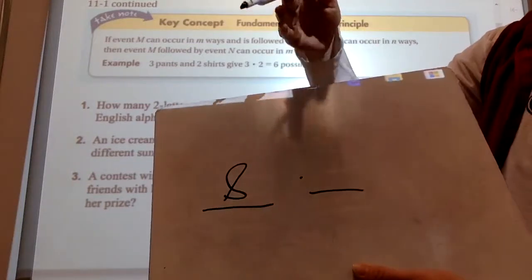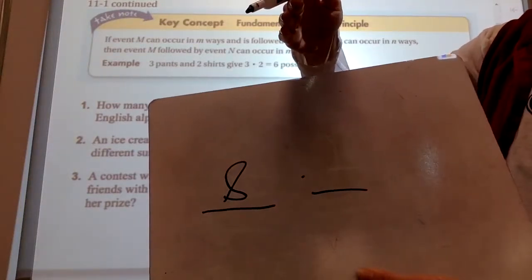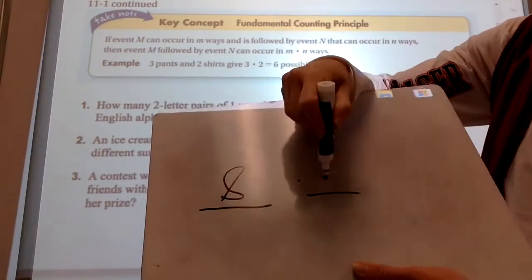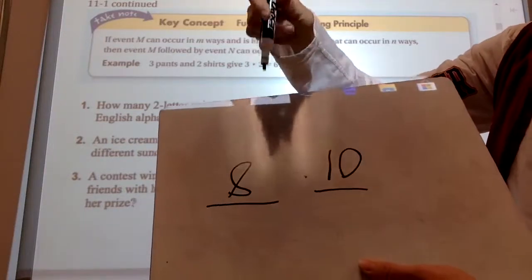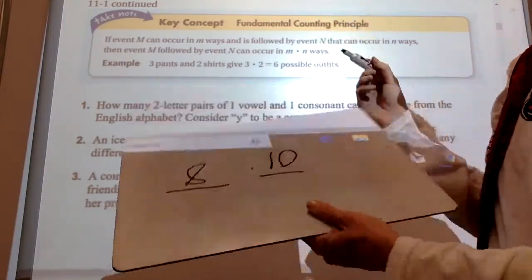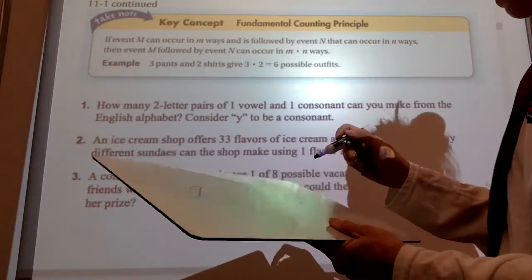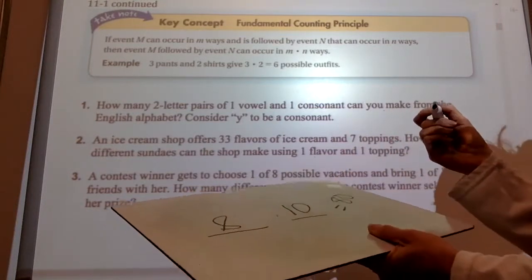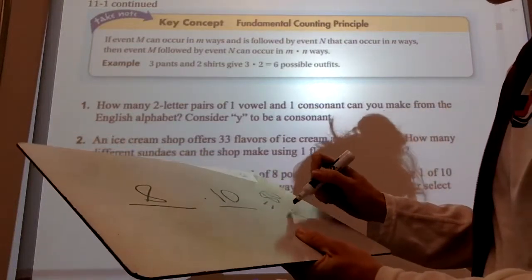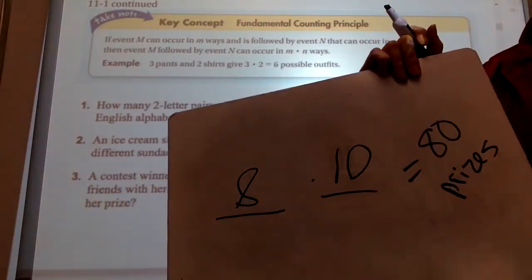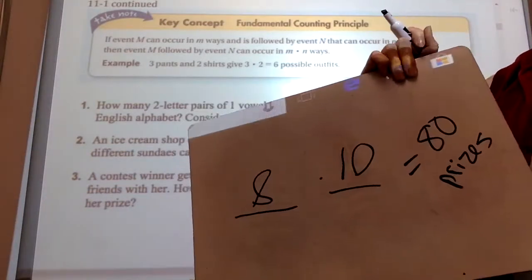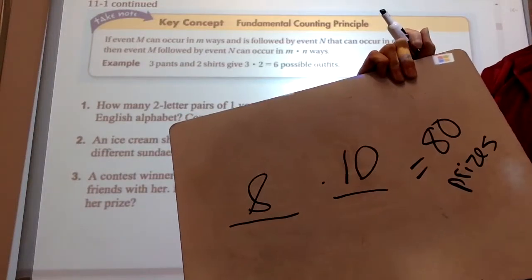Times, and you only get to bring 1 friend with you. So out of your 10 friends, right, you're picking 1 again. So 8 times 10 would be 80, and you could say 80 prizes. 80 different ways you can select this. You pick a trip, you pick a friend. So each time you pick a different trip, different friend, it's a different combination.